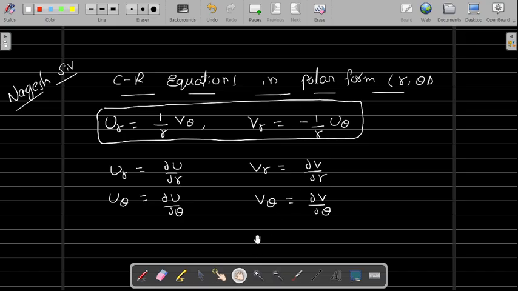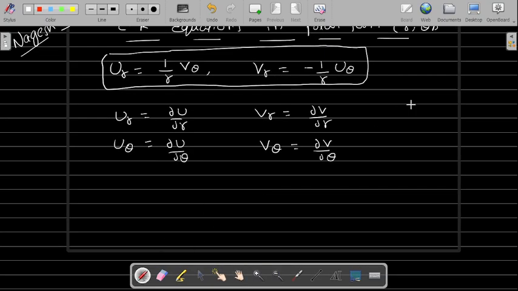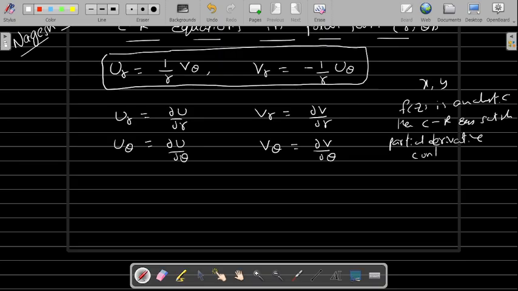Now, as usual, how do we do problems in Cartesian form x comma y? If f of z is analytic, then the CR equations are satisfied, and the partial derivatives are continuous.